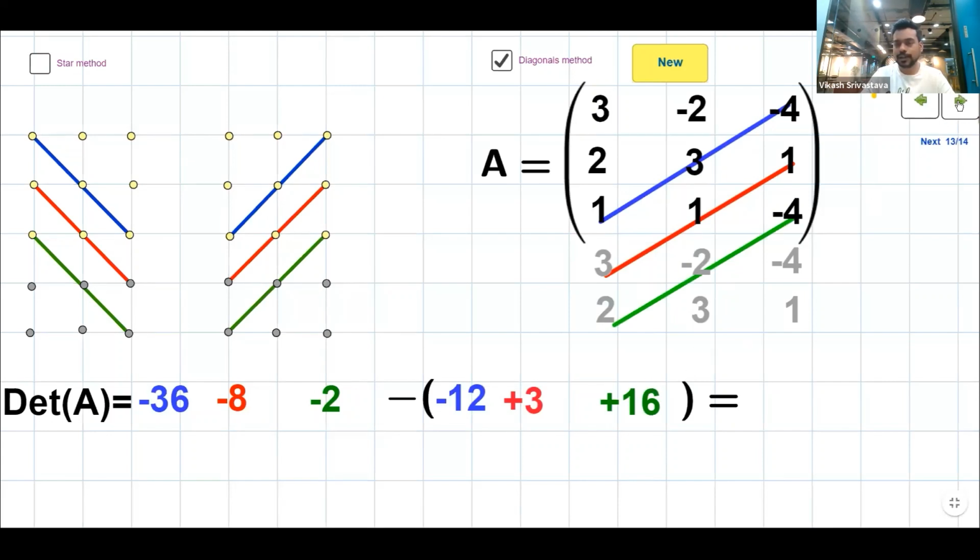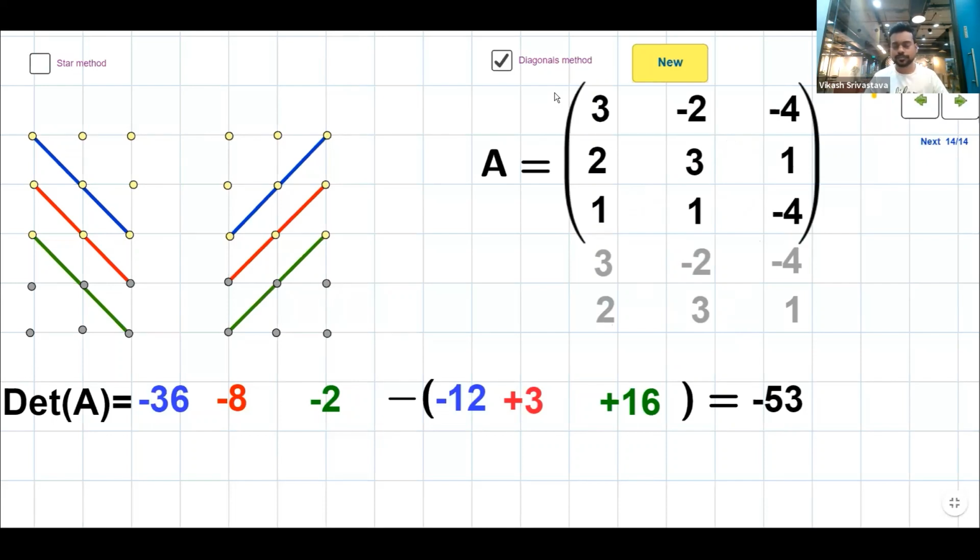Whatever we get will be the determinant of this matrix. This is how we calculate the determinant. You know the previous method I discussed in the beginning, but this diagonals method is also a very interesting way to calculate the determinant of a matrix.